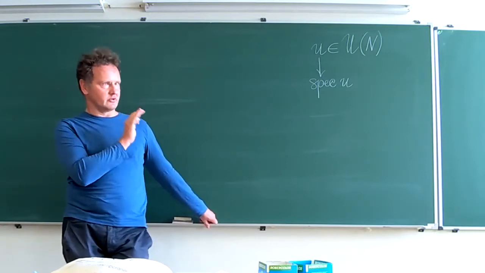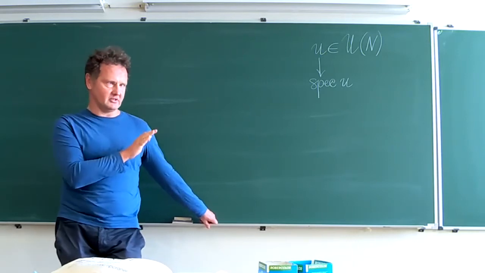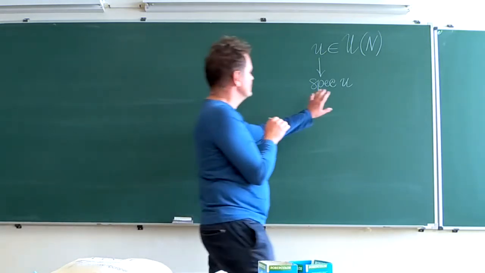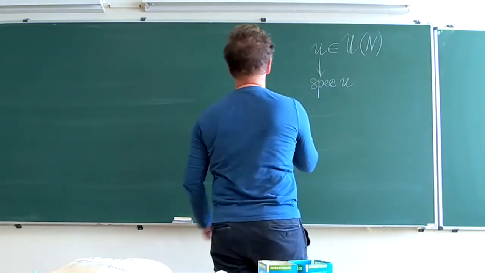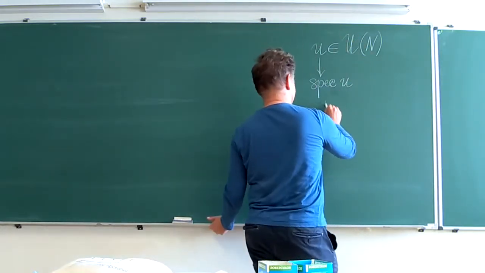So on the unitary group, we have just Haar measure. And the distribution of the eigenvalues is given by the following.